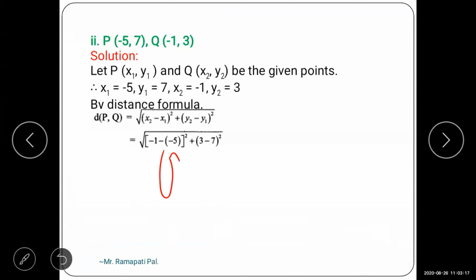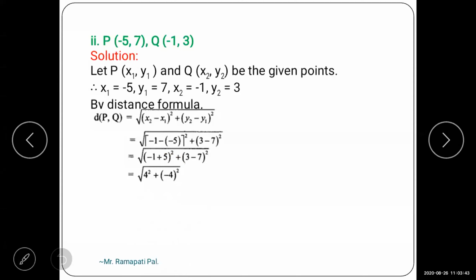Plus 3 minus 7 is what? Yes, minus 4. Okay? So minus 1 plus 5 whole square, under root minus 1 plus 5 whole square plus 3 minus 7. So 4 whole square, under root 4 square plus minus 4 square.